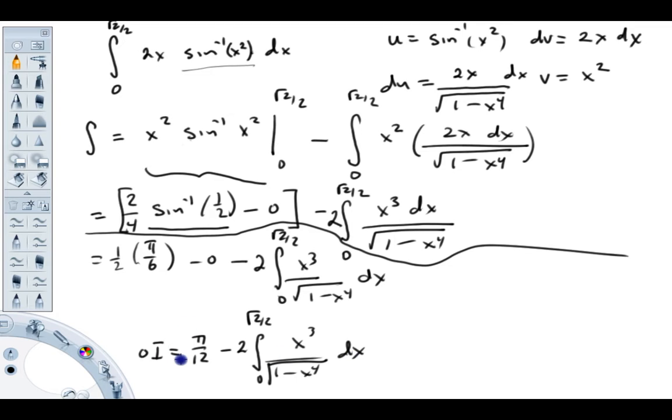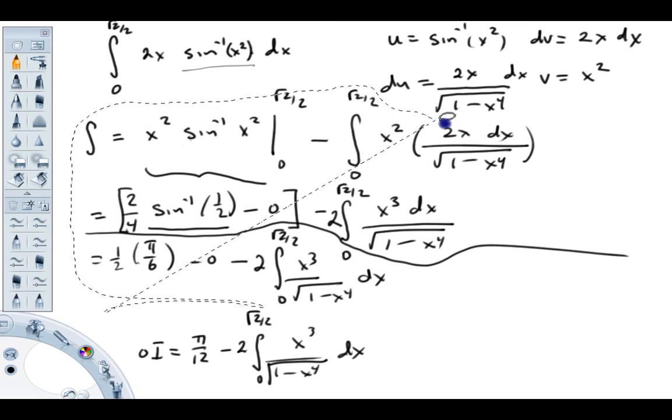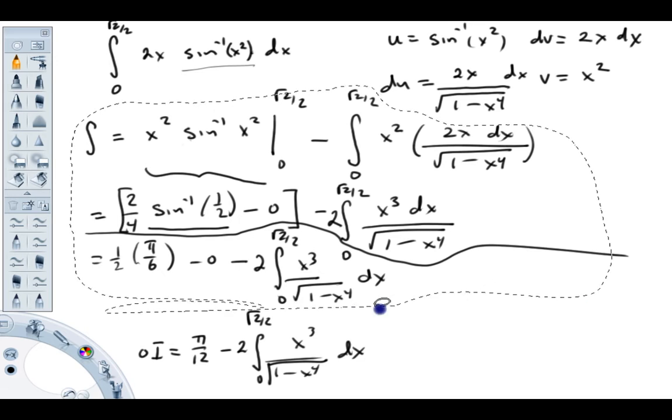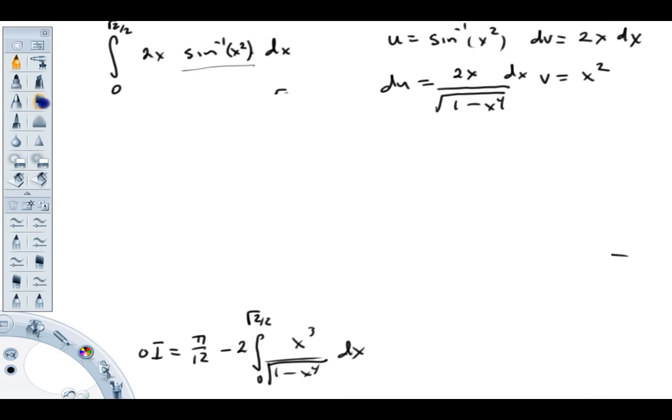I'm keeping this here now, and I'm going to get rid of some of this other stuff to make myself some room. Okay, so what I'm going to do now, and I'm just going to circle this in red, is work on this.